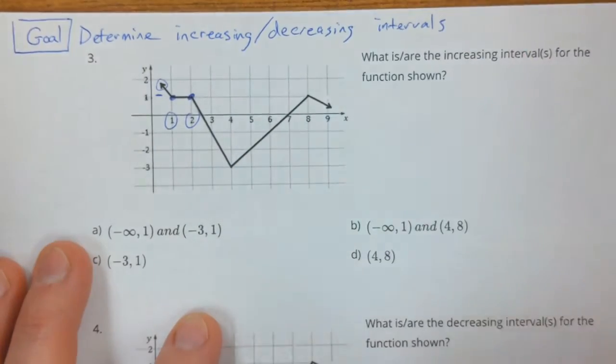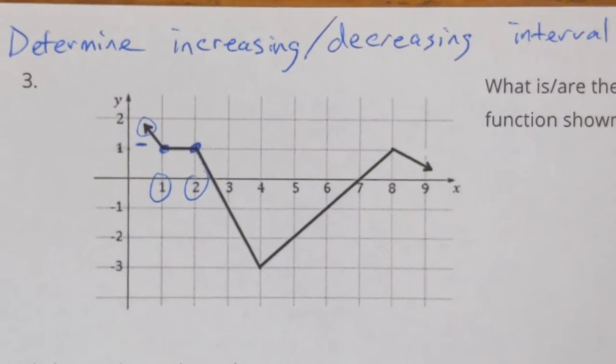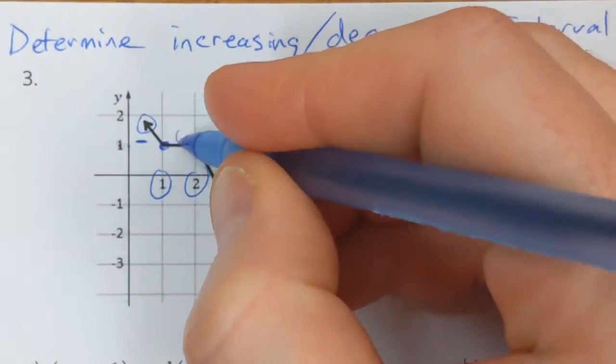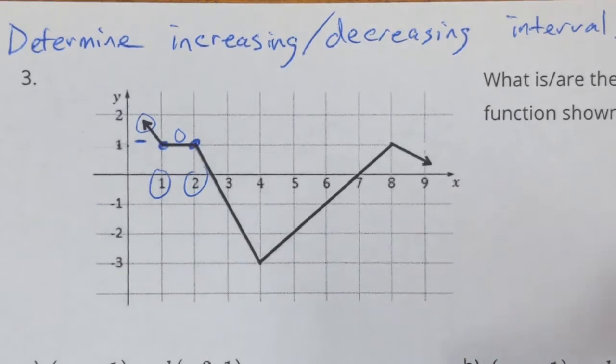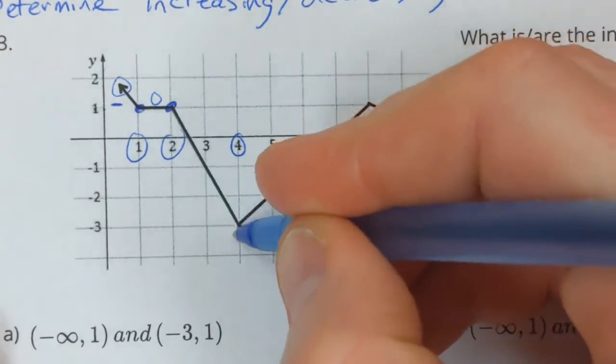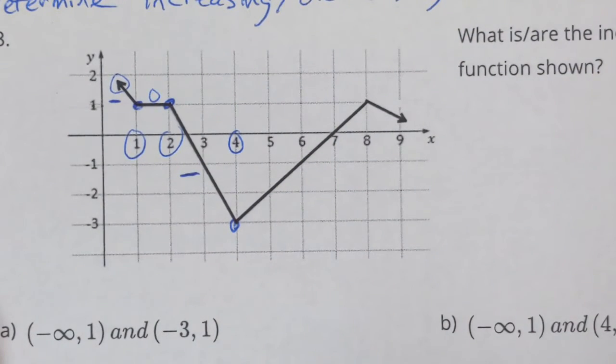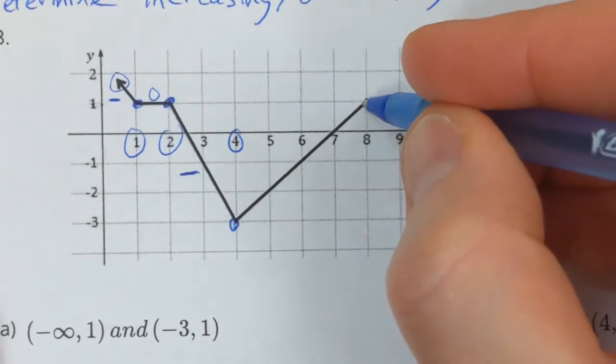All right, and then from 1 to 2, there's really no change at all. Let me even try to zoom in on this a little bit more. Okay, I guess you could even say that's like a slope of 0. It's just flat. From 2 to 4, this stretch right here, the graph is definitely going down again. It's a negative again. And then here's the big uptick.